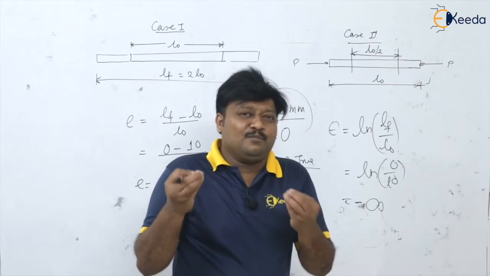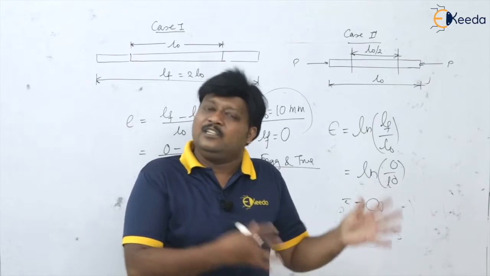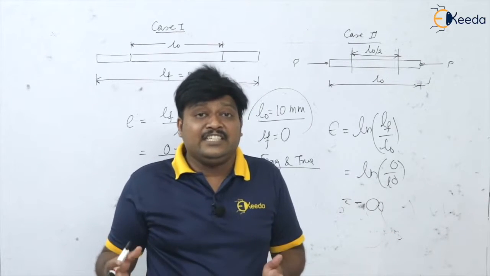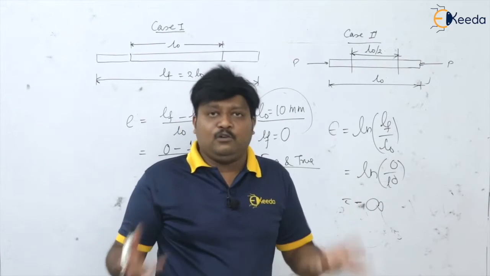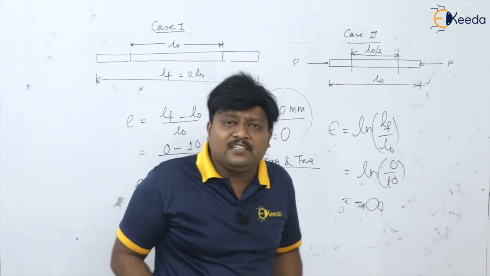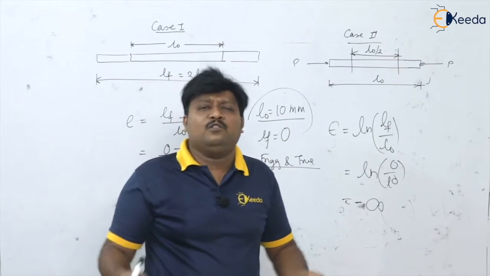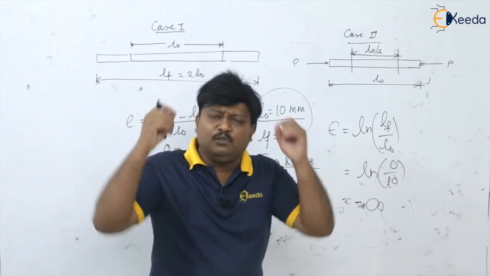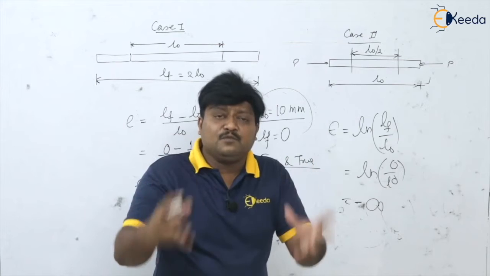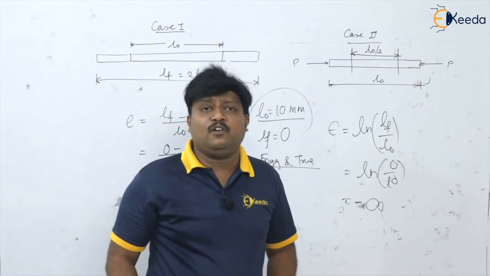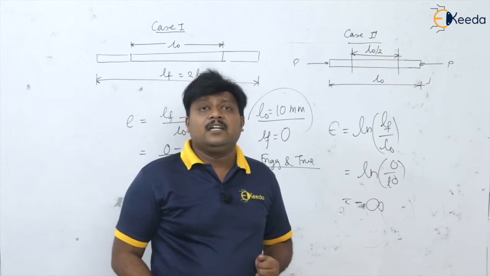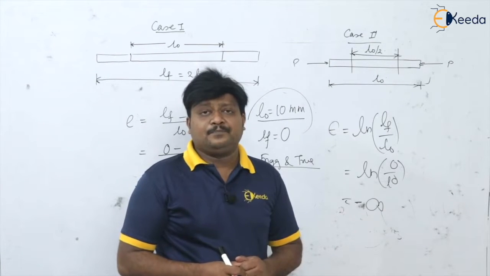At smaller values of strains, you can take either true or engineering strain. But why do we take true strain in metal forming? Because we are going to have tremendous deformation. We are going to apply tremendous force and utilize tremendous power for deforming the materials, isn't it?